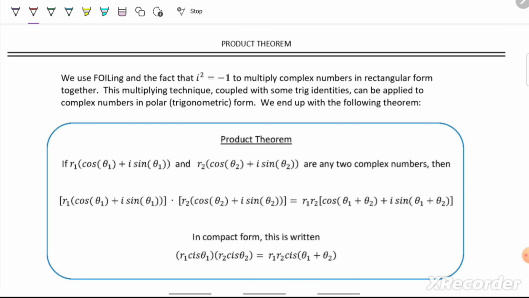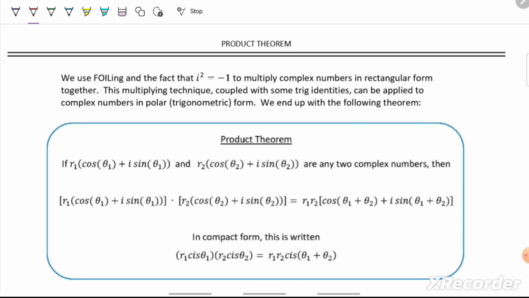So say you have these two complex numbers in polar form: r1 times cosine theta 1 plus i sine of theta 1, and r2 cosine of theta 2 plus i sine of theta 2.